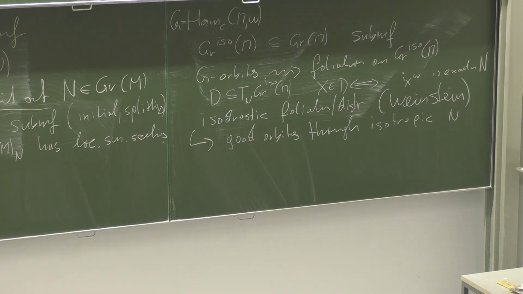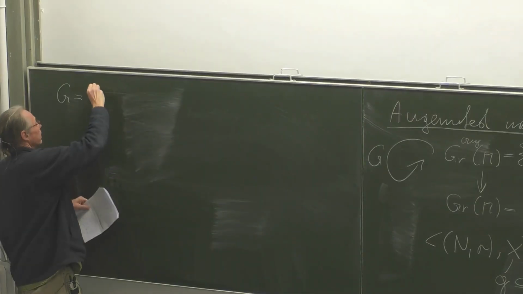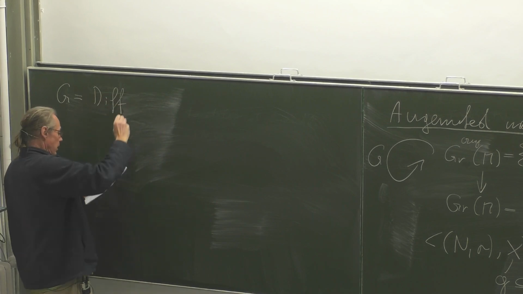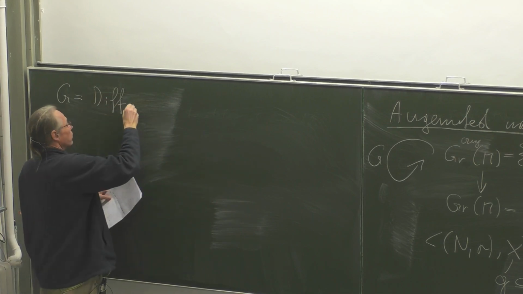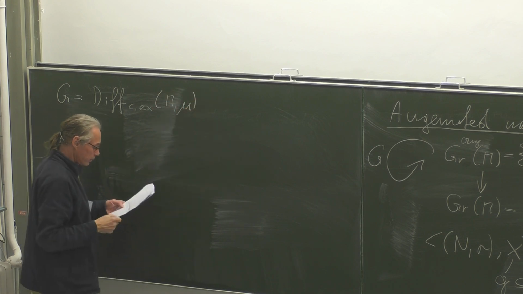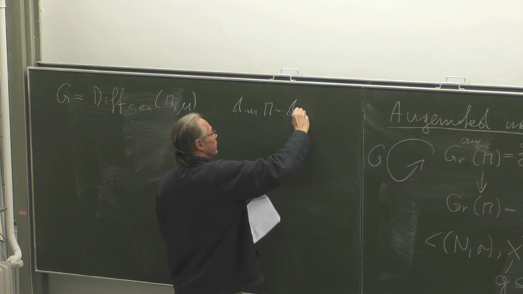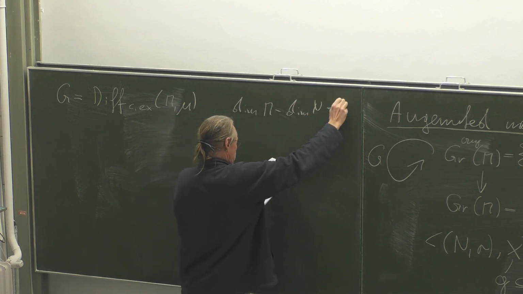And the second example I want to mention concerns the group of exact volume-preserving diffeomorphisms, and precisely the case where the codimension is 1.